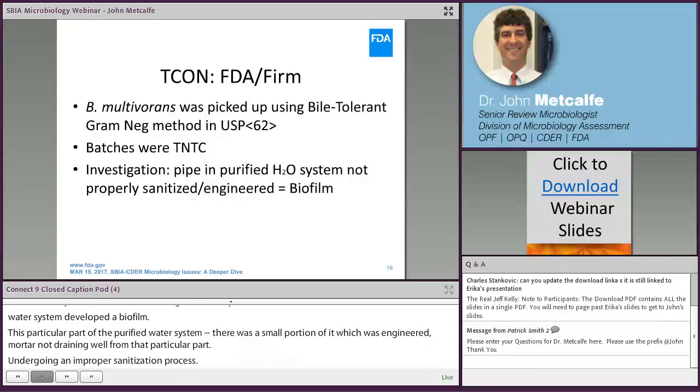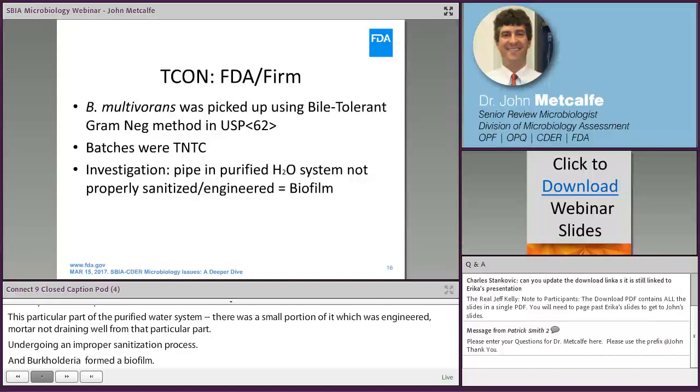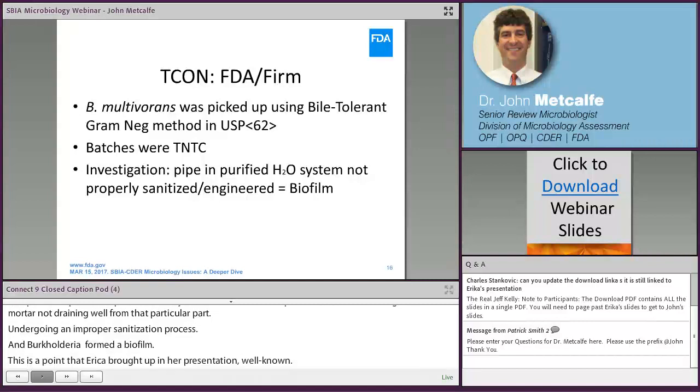This was a point that Erica brought up in her presentation. This is a point that is well known. These organisms are capable of forming biofilms in the piping systems.